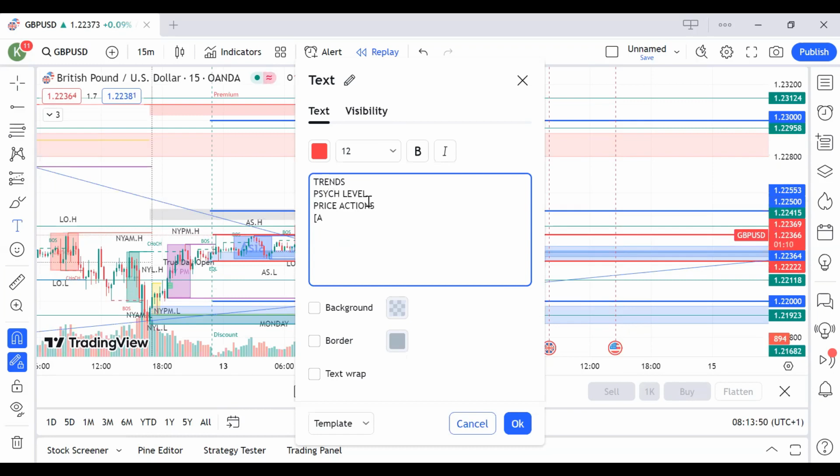Pattern. Region. Supposed to be 7: trends, cycle, price action, pattern, region, volume, then news.